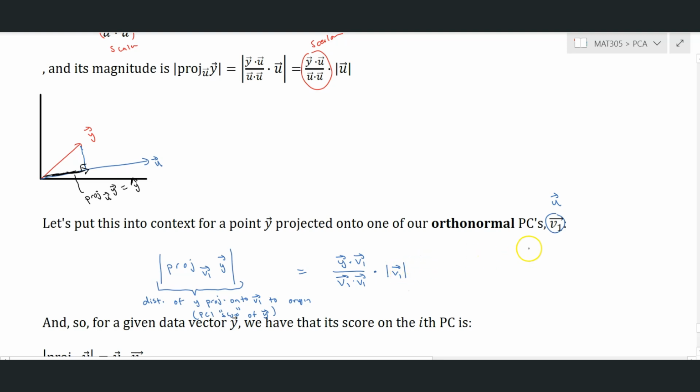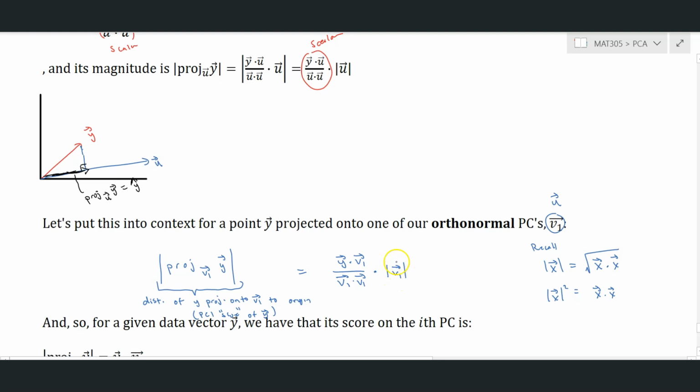Recall that the magnitude of a vector, I'm using x just to point this out, will be the dot product of the vector with itself, square rooted. Okay, that is the magnitude. So if we were to square this, the square distance would be x dotted with x, right? We cancel out the square root. That's going to help me here in a moment.